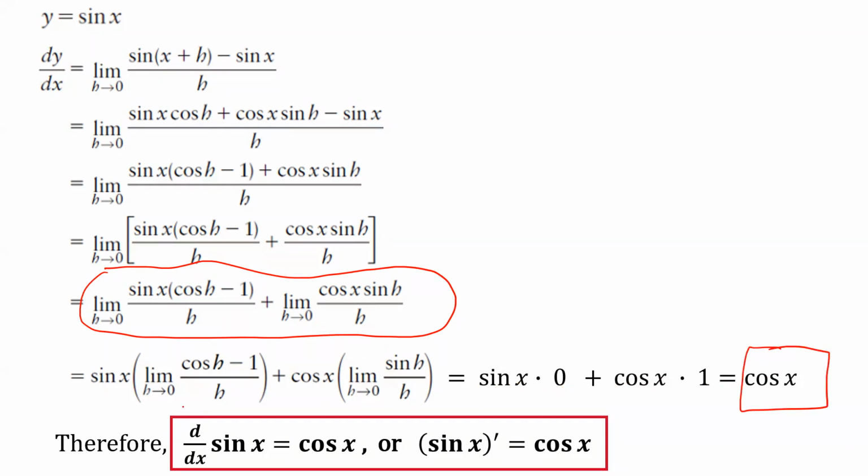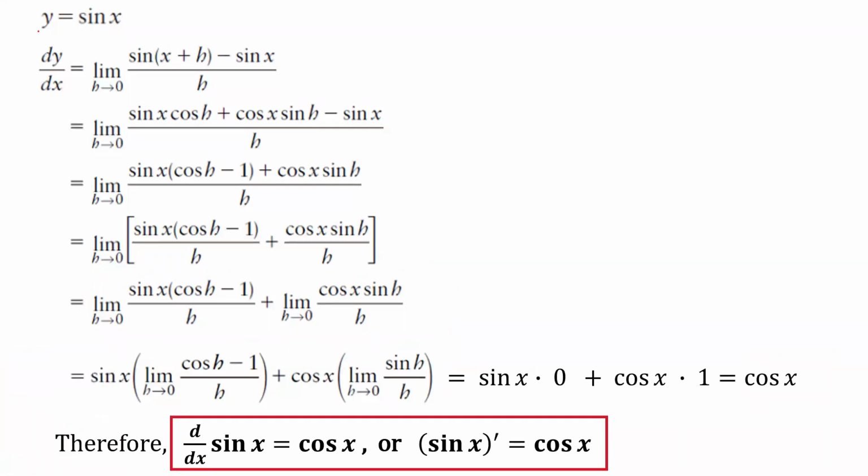Therefore, we have this conclusion: d sine x by dx equals cosine x, or the derivative of sine x equals cosine x. You understand? Okay, I'll give you some time to have a look at the whole process here. This is why we can obtain the derivative of sine x.